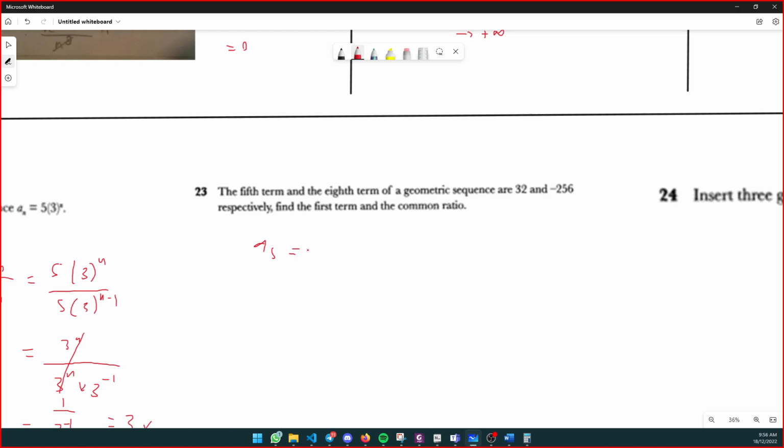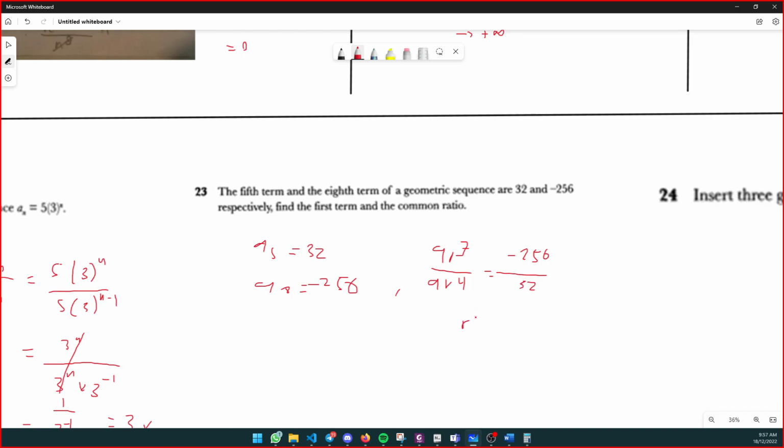So A5 equals 32. A8 equals negative 256. So I want to say AR^7 over AR^4 equals negative 256 over 32.